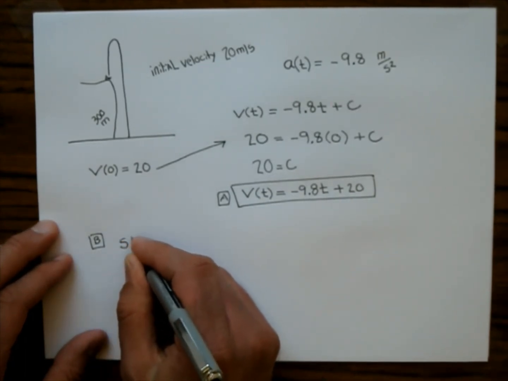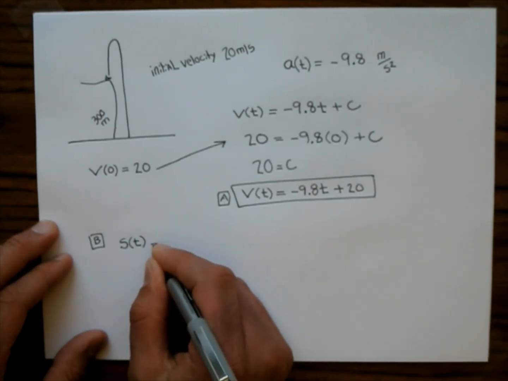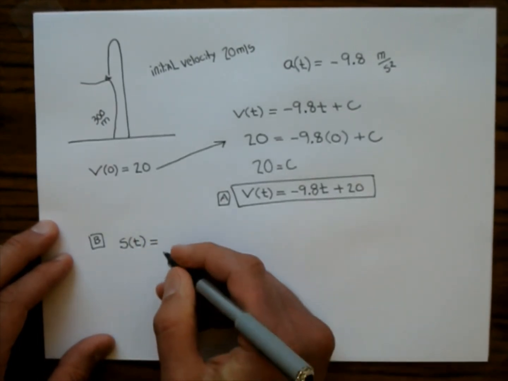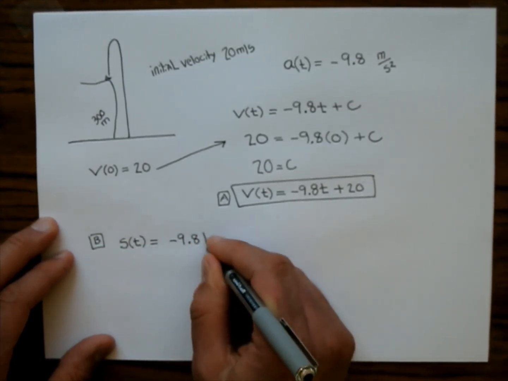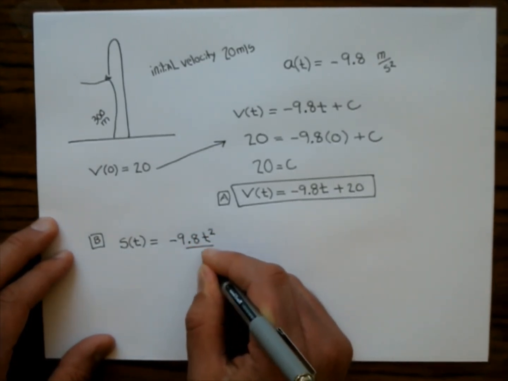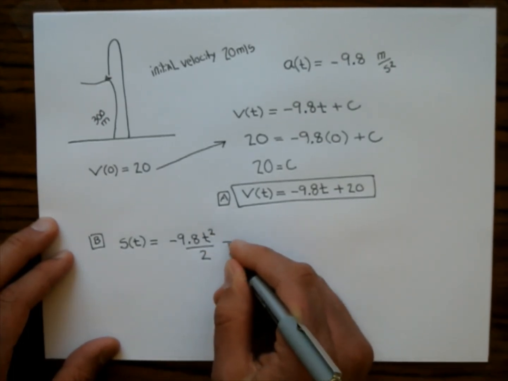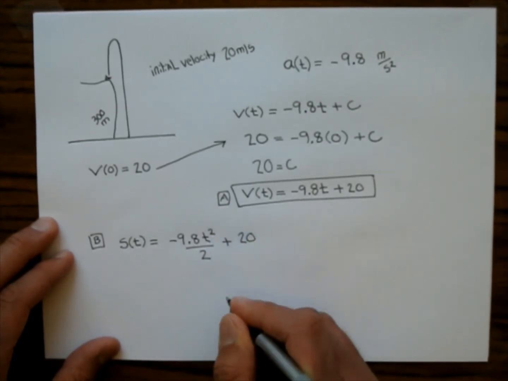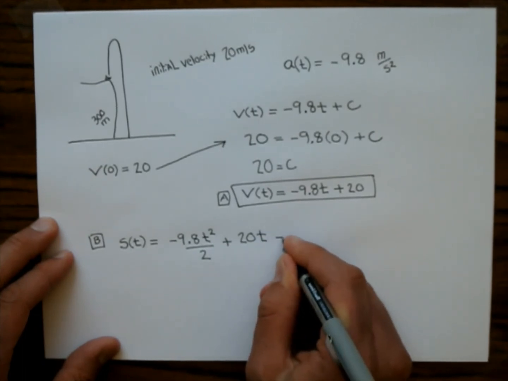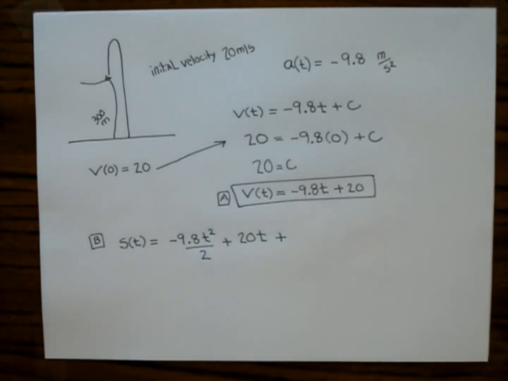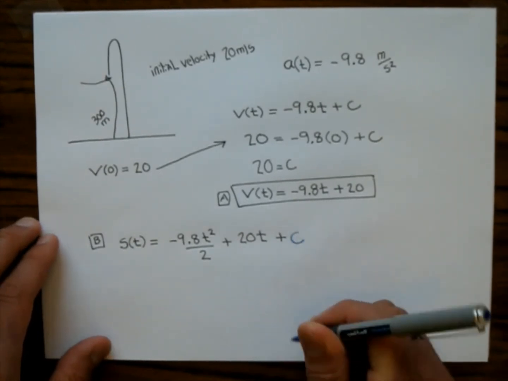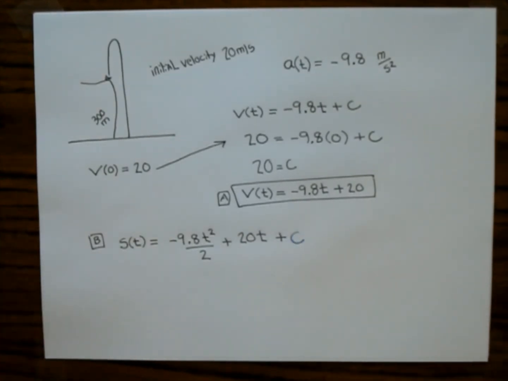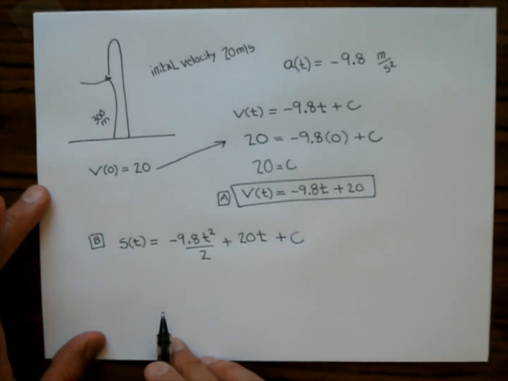So s of t is the position, and the antiderivative is going to be negative 9.8 t squared over 2 plus 20t plus a constant. Now, it's not going to be the same constant as above, so I'm going to make this constant be blue c, kind of like I was doing before in another video maybe, or was it this video? I don't know. It's all running together in my head.